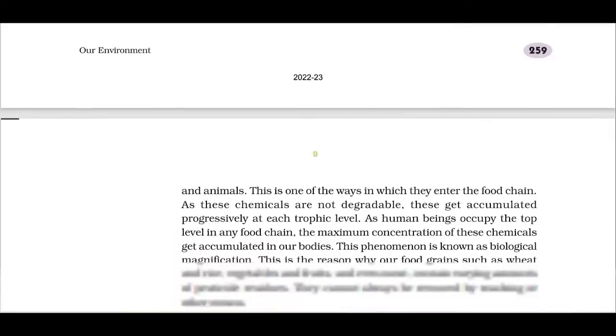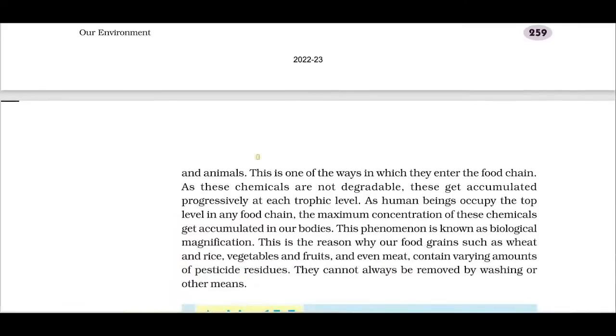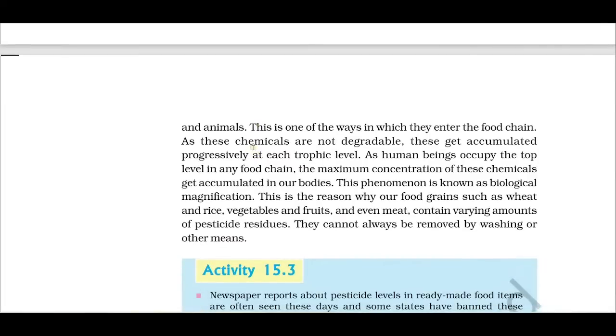They are absorbed by the plants and transferred to the next trophic level. As humans occupy the top level in any food chain, the maximum concentration of these chemicals accumulates in our body. This phenomenon is called what? Biological magnification.